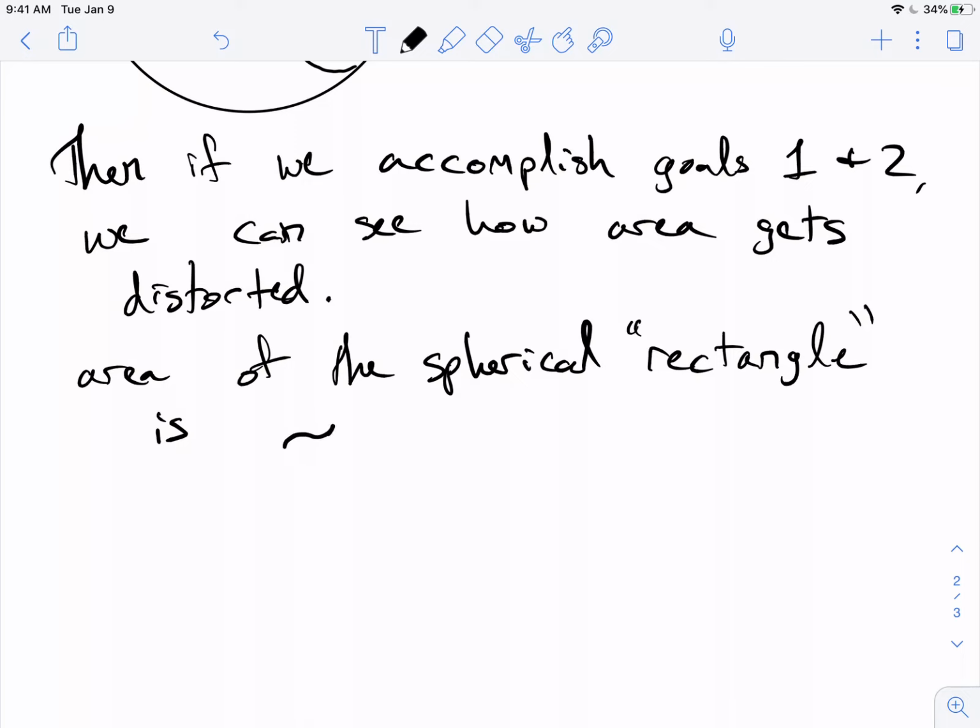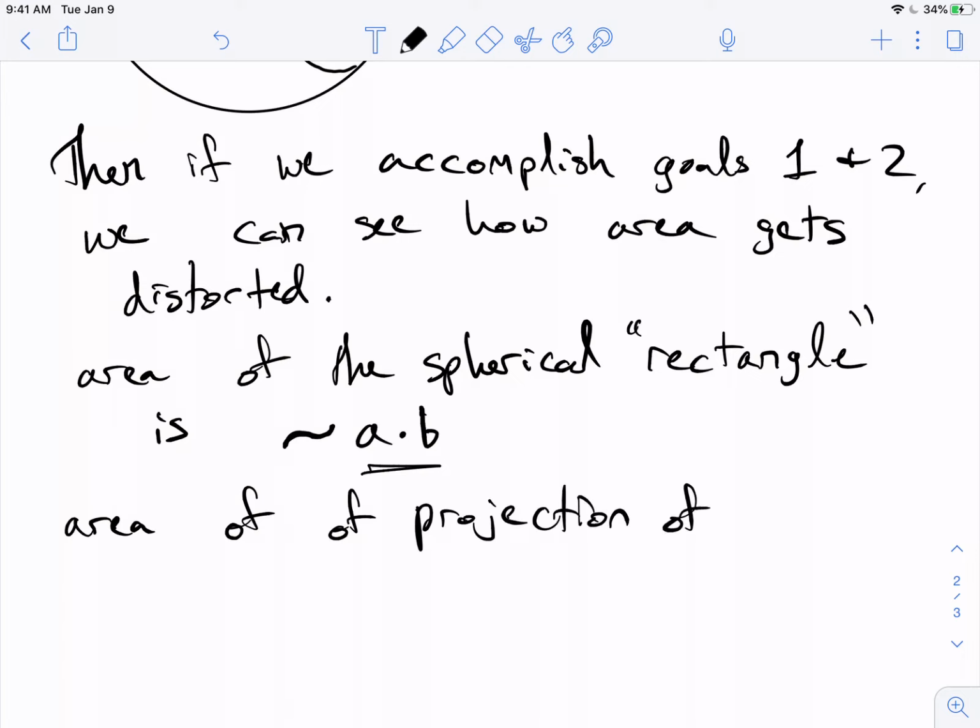is not quite a rectangle, but it's approximately equal to A times B, right? The area of a rectangle is just height times width. And so approximately this is the area that we started with, whereas the area of the projection of this rectangle is the area of the rectangle in the cylinder.